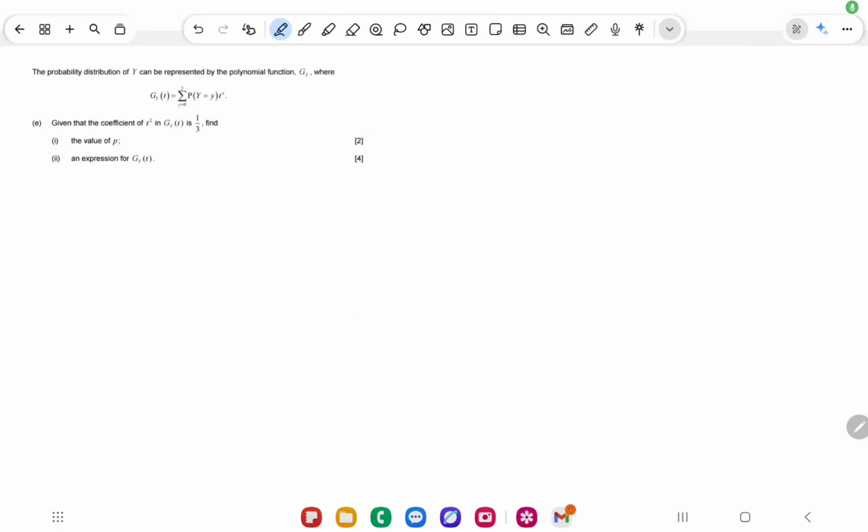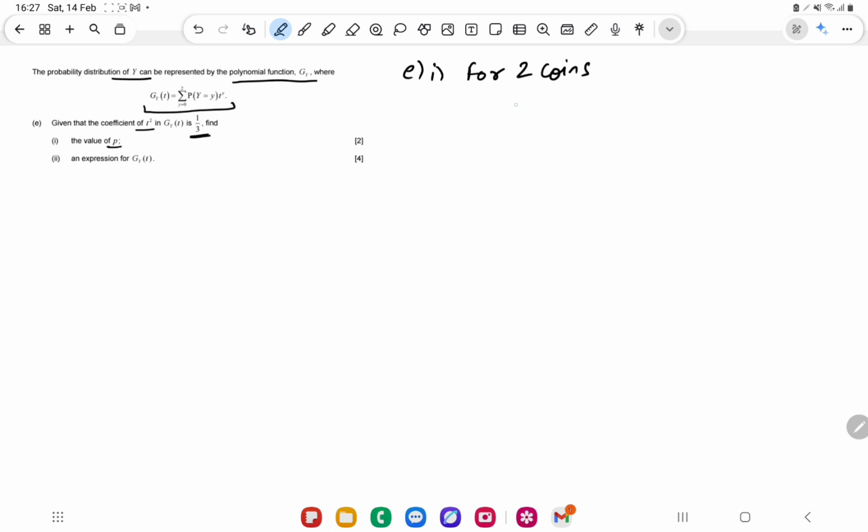The next part of the question says the probability distribution of y can be represented by the polynomial function G of y, which is this. Given that the coefficient of t square is 1 by 3, we have to find the value of p. Now, to solve the first part, we have to be very careful because we have 2 coins.